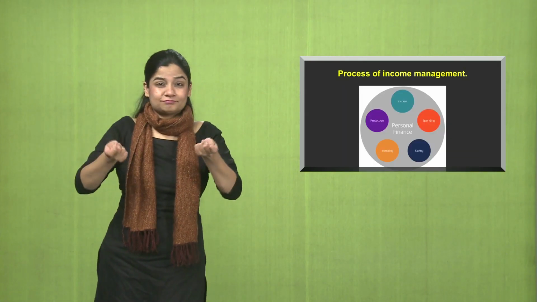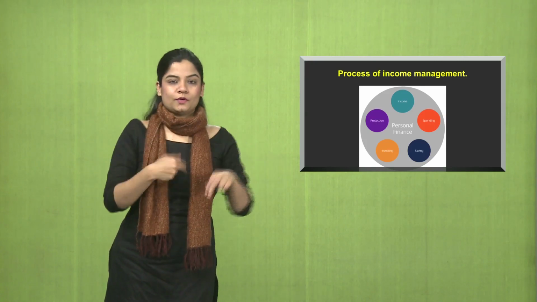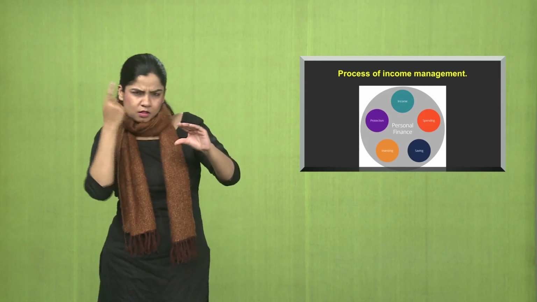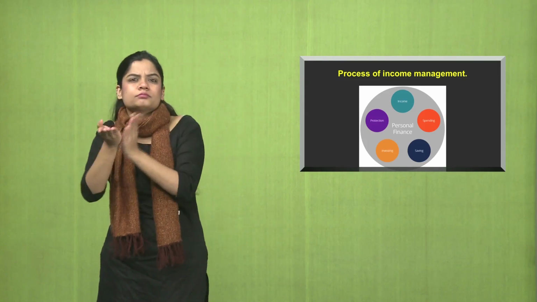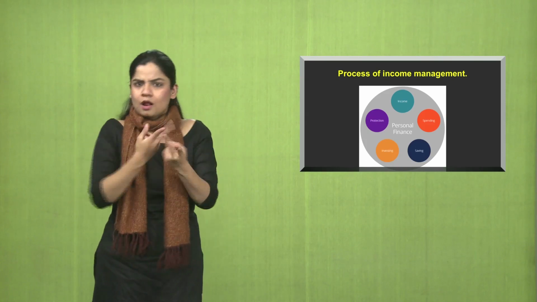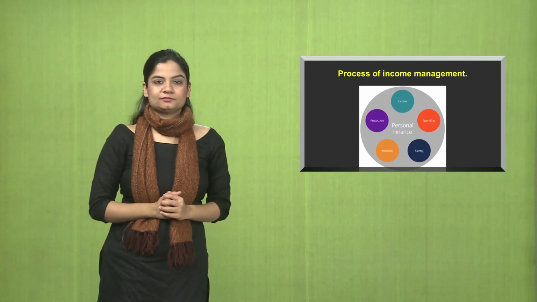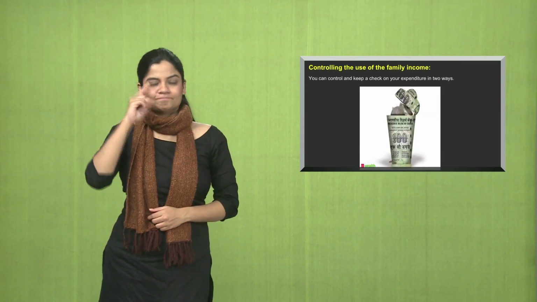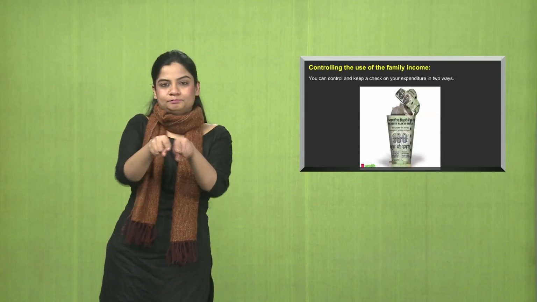Process of income management. It's very important that we follow this process. You've already learnt about how we have to make a spending plan for your income. Make sure you keep doing that. Extremely important is controlling the use of family income.